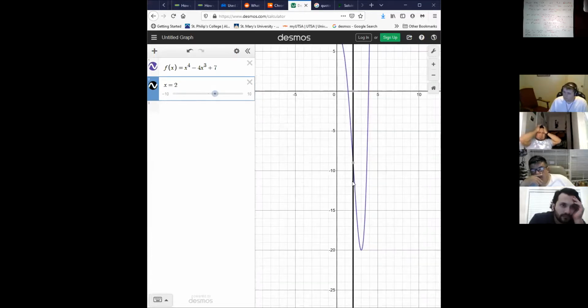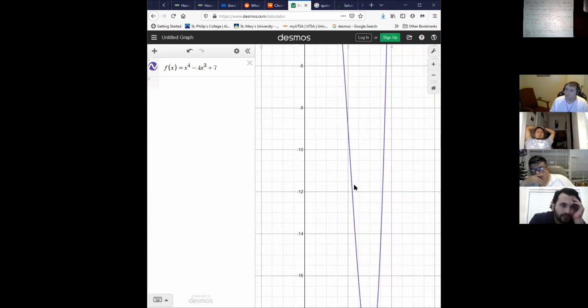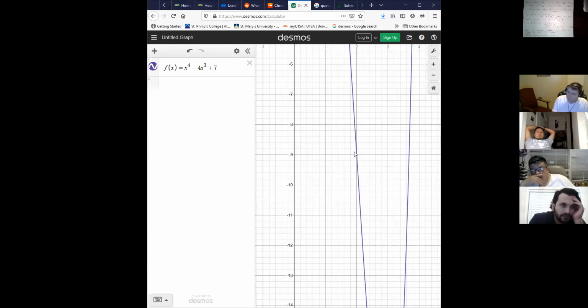we go from opening down to then opening up, which is hard to see. Let's zoom in more. So there's 2. So right here, it is an inflection point. Actually, I could make it easier. What was it? 9, right? Yeah, 2 comma 9.